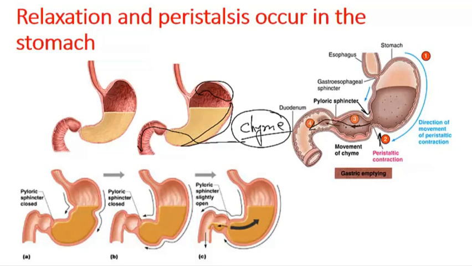Okay, and there is another sphincter present at the junction between the stomach and duodenum, known as the pyloric sphincter, that regulates this: once the food enters the duodenum, it should not come back into the stomach again, because that's not required. So here is another picture explaining the whole process of peristalsis in the stomach.